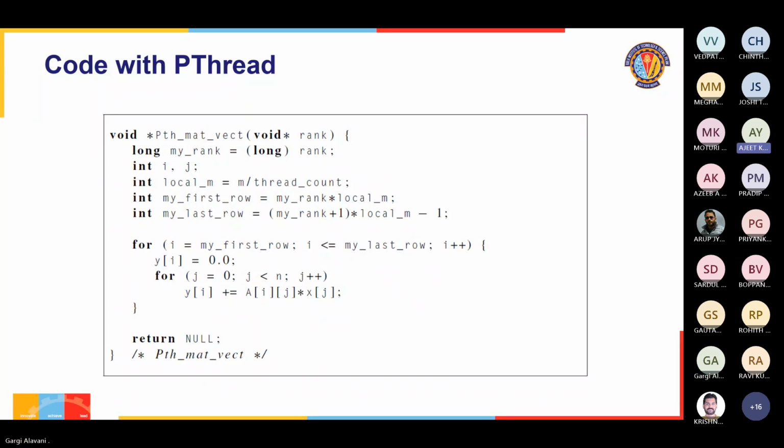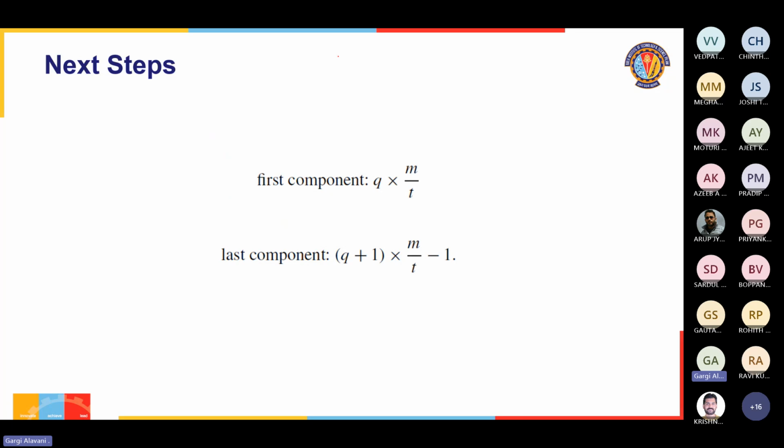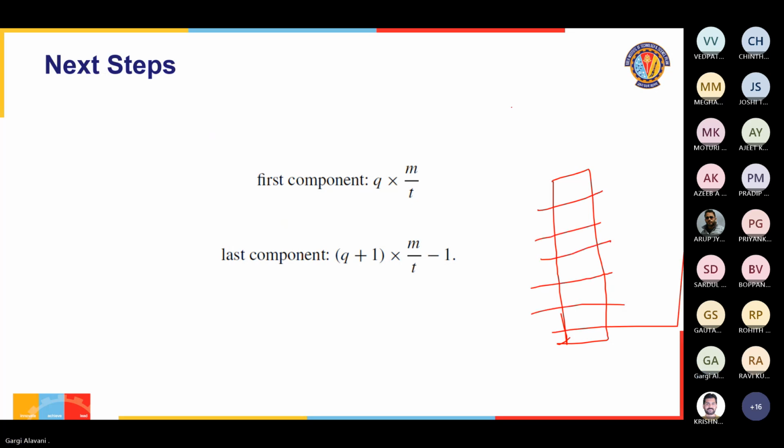Okay. So now see, we have whatever threads, which is q. Let's say 3 threads, and we have rows 0, 1, 2, 3, 4, 5.